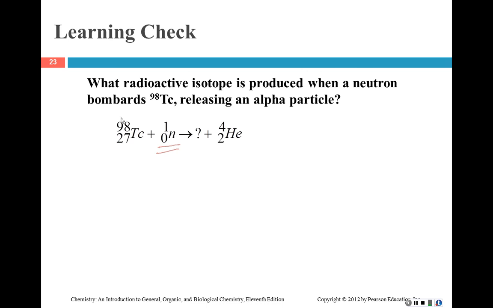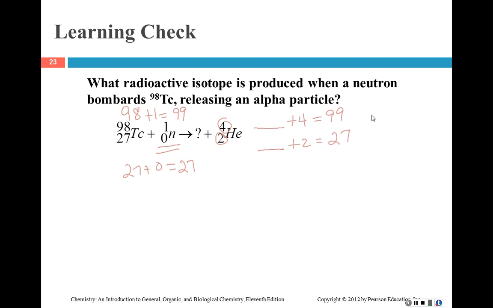So above it, you've got 98 plus 1 is 99, and 27 plus 0 is 27. And then you've got 4 and a 2. So you need for this to be 99, and you need for this to be 27. So what plus 4 is 99?